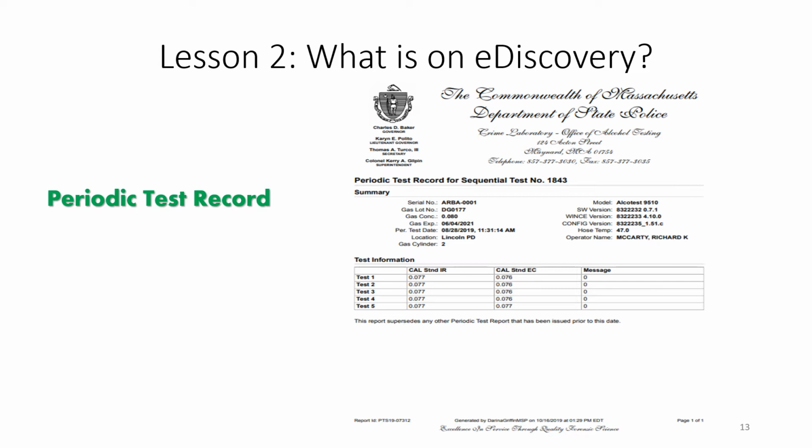On the left-hand side, it'll indicate that it's a summary, and it will include information such as the serial number, the gas lot that particular cylinder that was used for the periodic test came from, the expiration date of the gas. It will also include the location of the instrument. And it will then have the 5 readings for the periodic test.